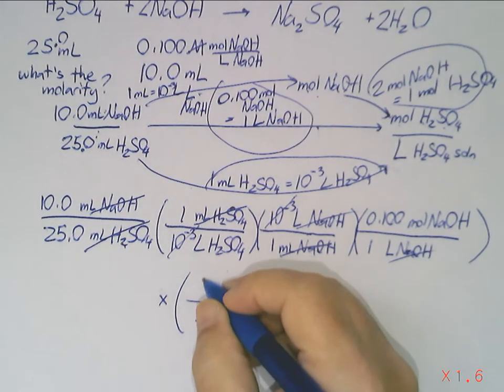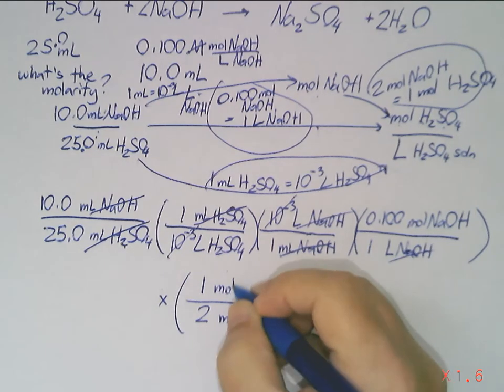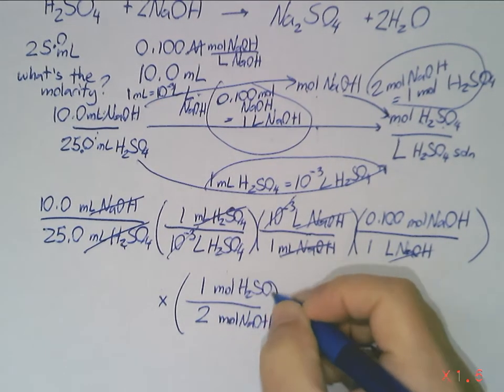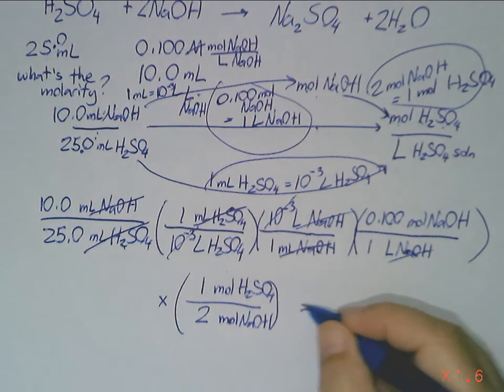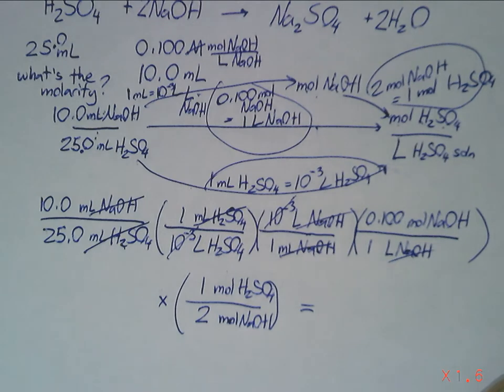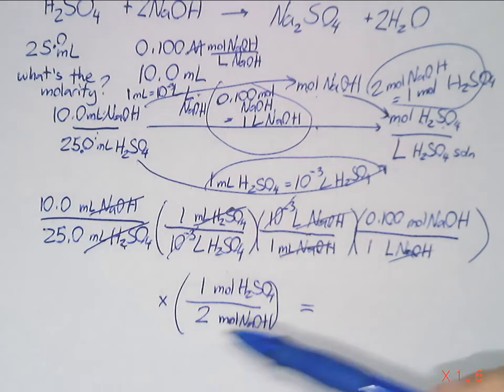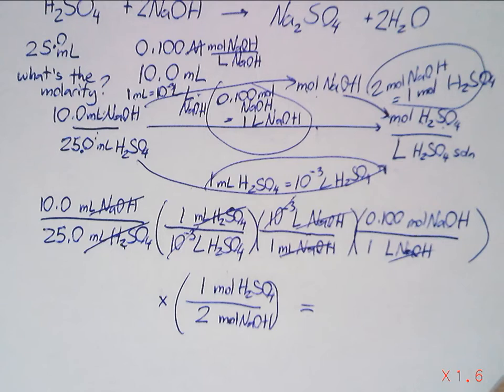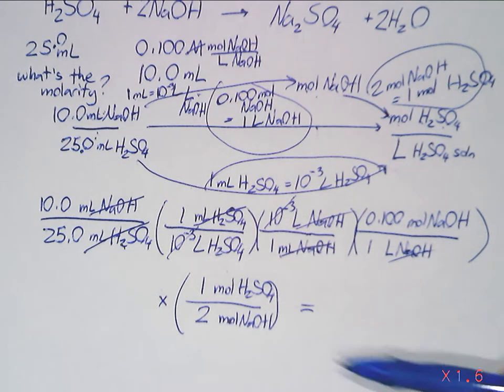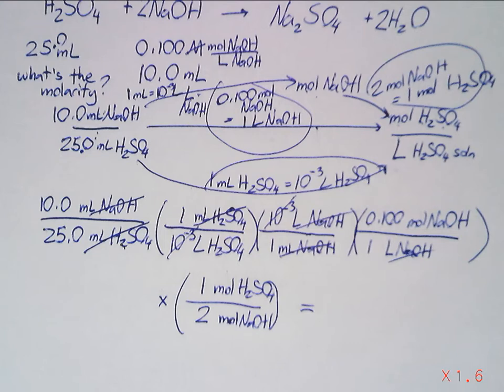2 moles of sodium hydroxide react with 1 mole of H2SO4 for my balanced chemical equation. So now I can just do the math. So I have 10 over 25 times 0.1 divided by 2.